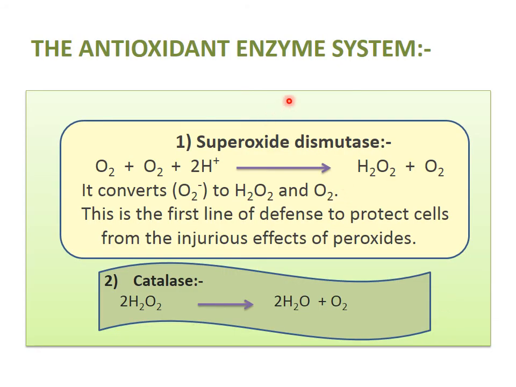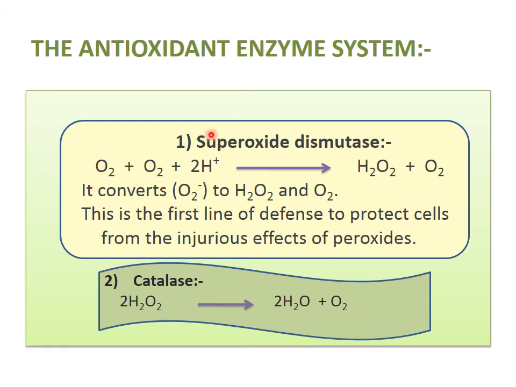Now we see some of the antioxidant enzyme systems, that is the superoxide dismutase enzyme, known as SOD. It acts on the superoxide ion, O2 minus. It converts this superoxide ion, O2 minus, into H2O2 in the presence of the enzyme superoxide dismutase.